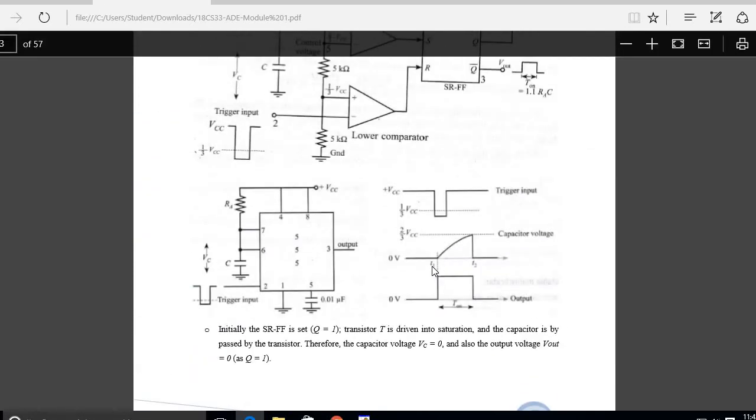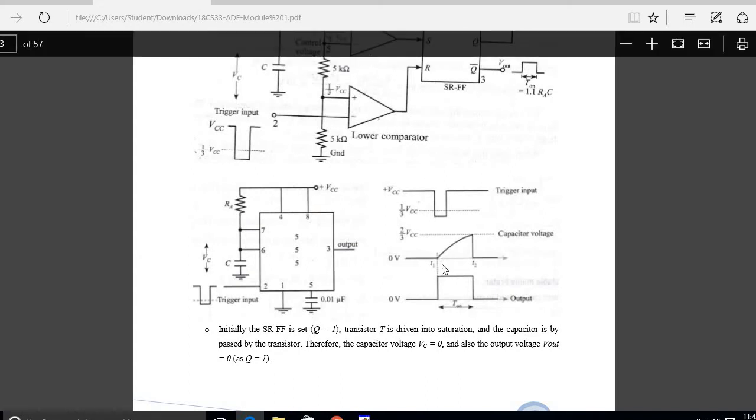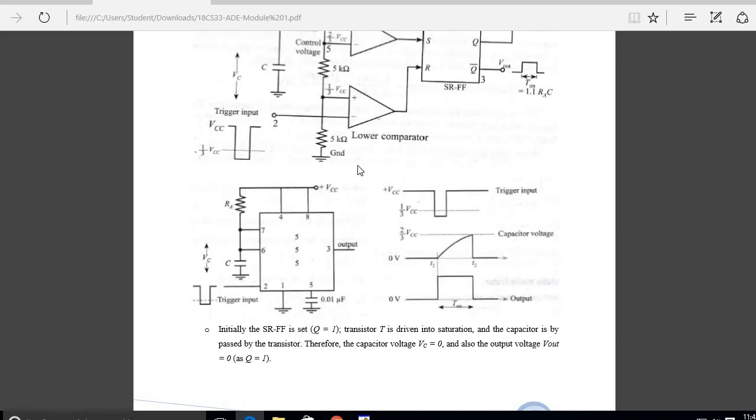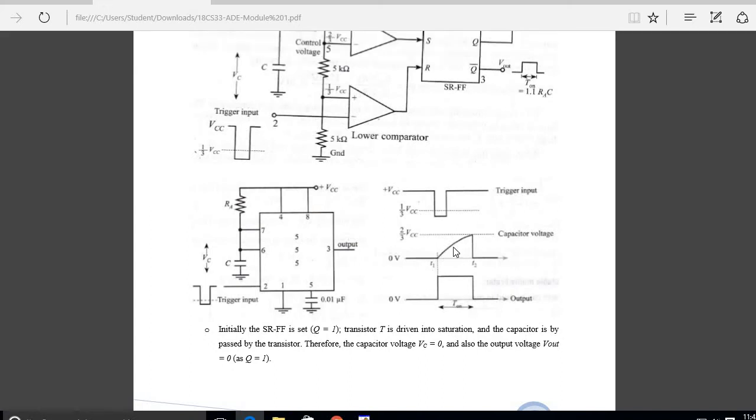See here in the graph, at time T1, when I am applying the trigger input which is more than 1/3 VCC, after T is off, the capacitor starts charging through the RA resistor, starting at time T1. See here in this graph, it is charging.